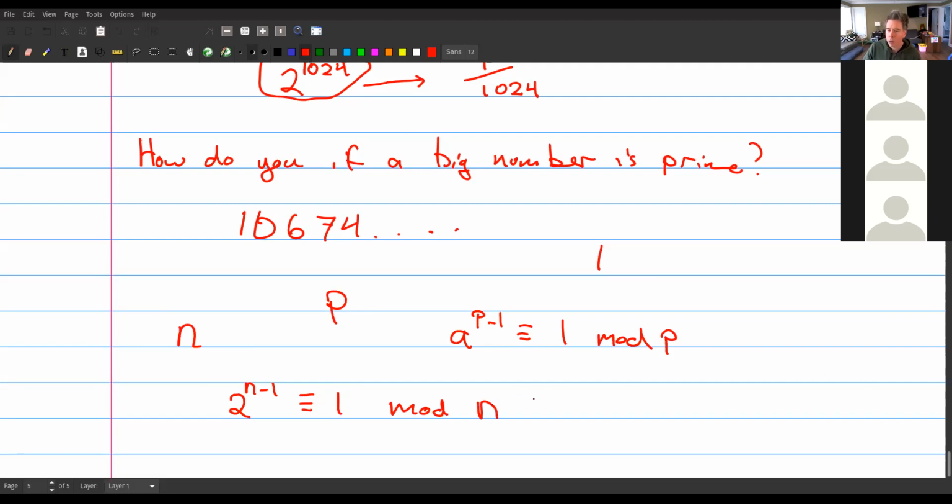If this turns out to be false, then what conclusion can I draw? That it's not prime. Exactly, it's definitely composite. And what if it's true?